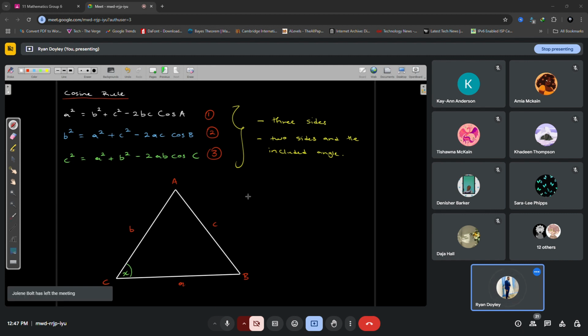So let me write it. This would be c squared is equal to a squared plus b squared minus 2ab cos X. So let me just put in X there for now. And then once we know the values of these, all we would need to do is to just substitute and transpose, right?